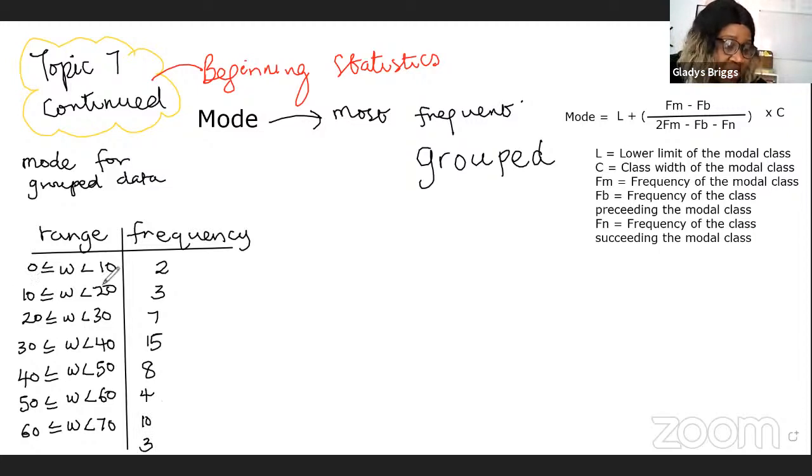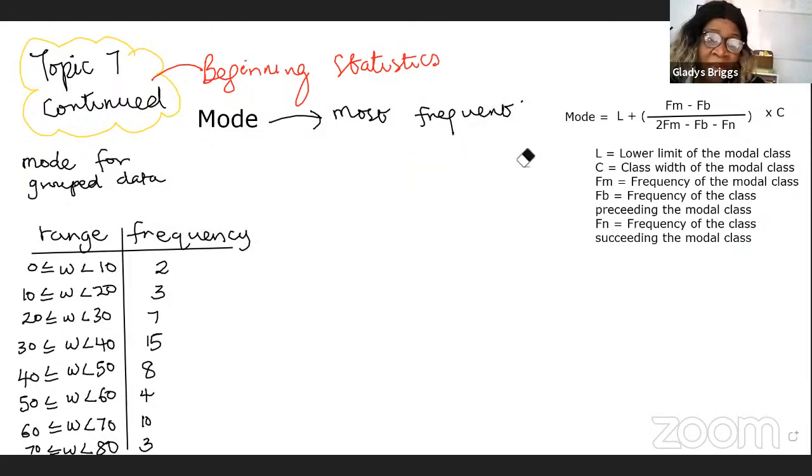So what's happening? 10, 20, 30, 40, 50, 60, 70. 70 is less than or equal to W is less than 80. So now we know all we have to do is get the information from the data and then apply it into the formula.